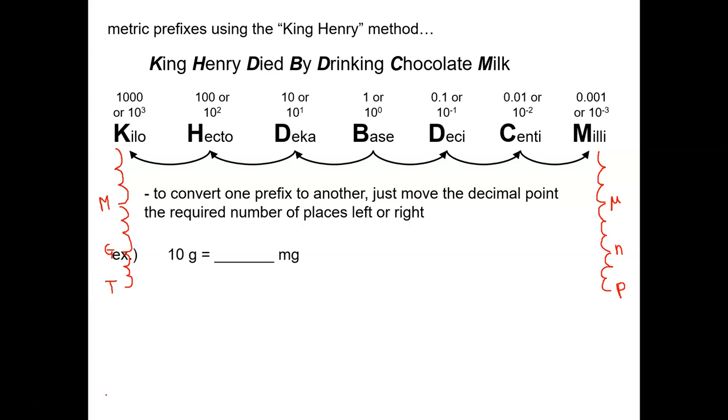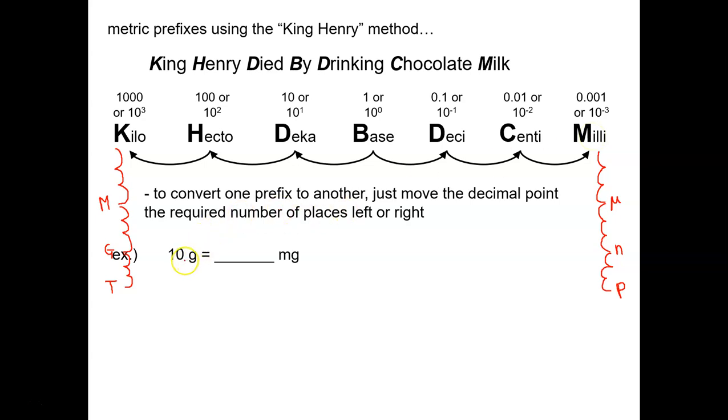All right, first example. I want to change 10 grams into milligrams, right? So gram is the base, right? There's no prefix in front of it. It's just gram, so it must sit here at the base. And I want to go to milli. So if I want to go from base to milli, I have to go 1, 2, 3 places to the right.